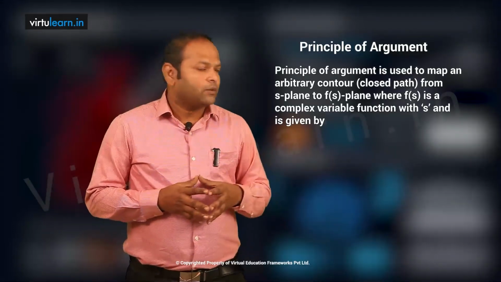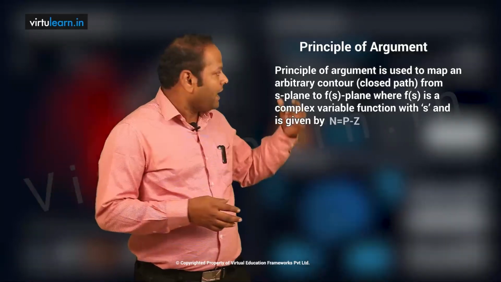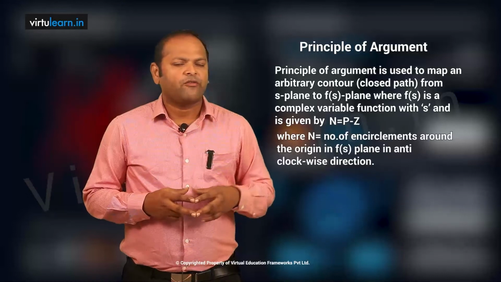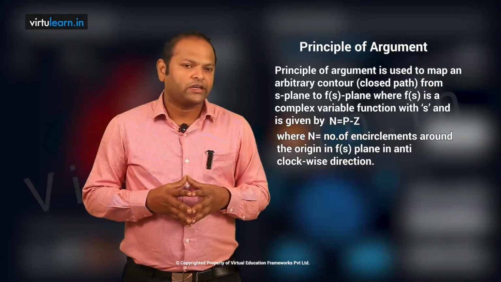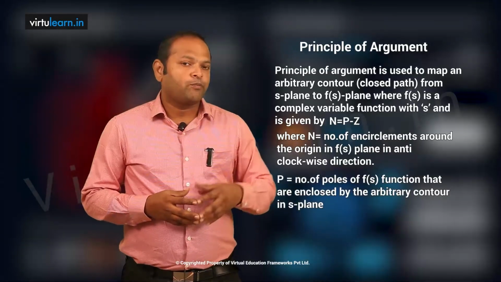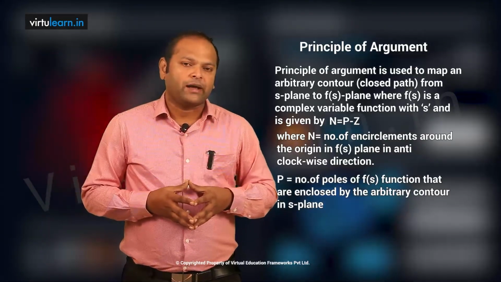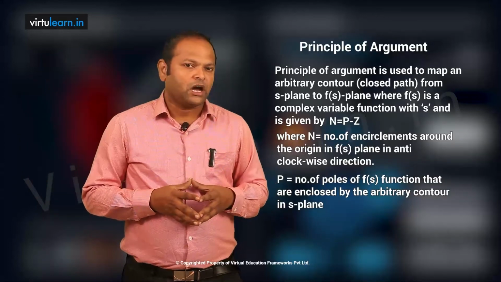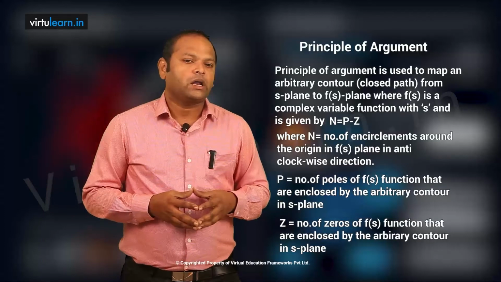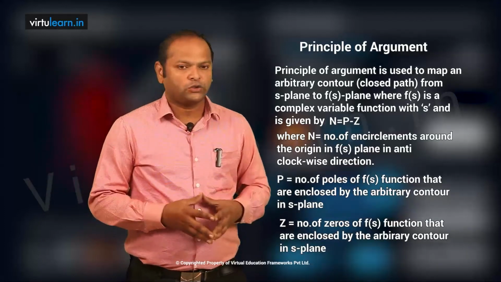It is usually given by N equal to P minus Z. N is the number of encirclements in the anti-clockwise direction around the origin. P is the number of poles enclosed by the arbitrary contour. Z is the number of zeros of the function F of S enclosed by the arbitrary contour.